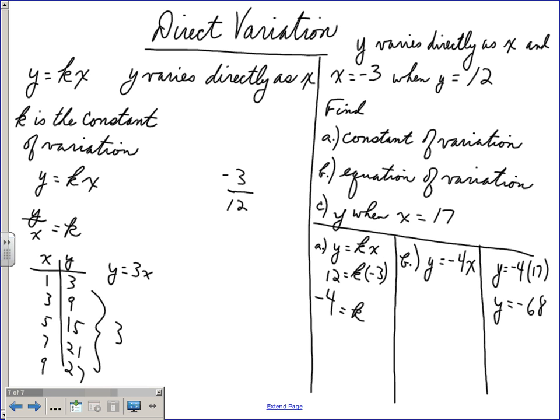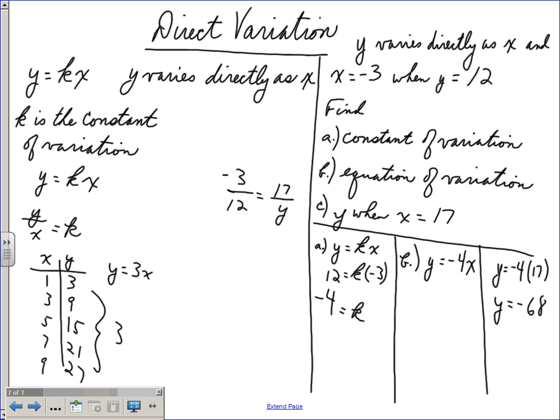That's your ratio. The top is your x. And it doesn't matter, we could put 12 over negative 3 too. But negative 3 is your x, y is your 12. Then we want to find y when x is 17. Okay?